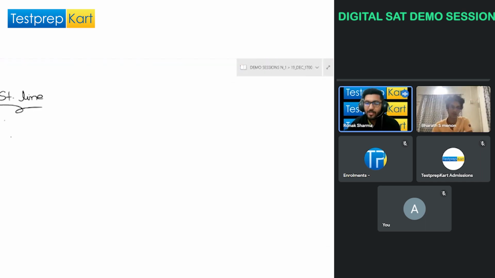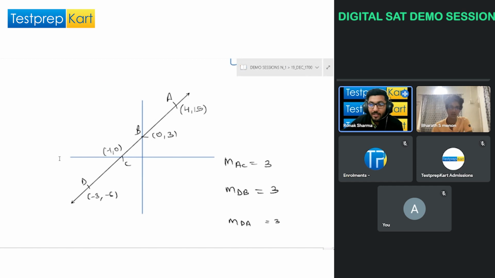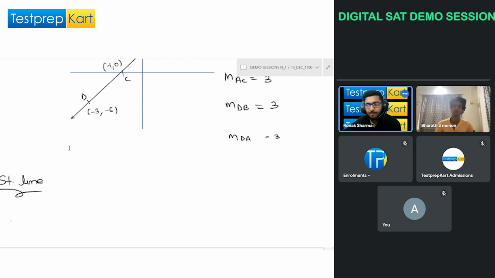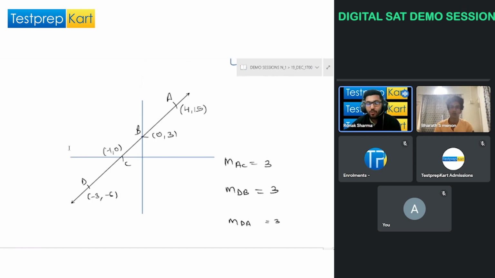How did the straight line come into existence? There are an infinite number of straight lines. I have shown only four, but there are infinite. If you take any random pair of points, very far from each other or very close, anywhere, both negative or positive, any pair will give you the same value of slope.